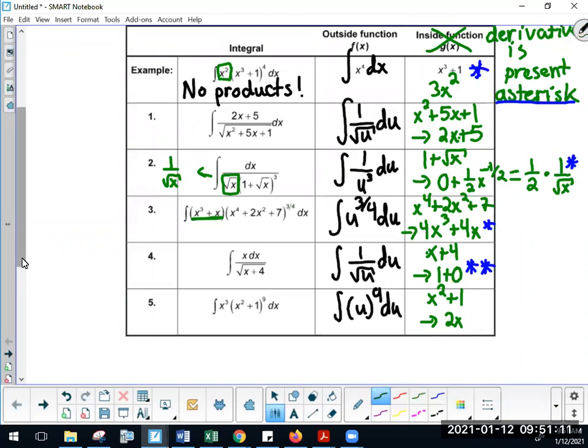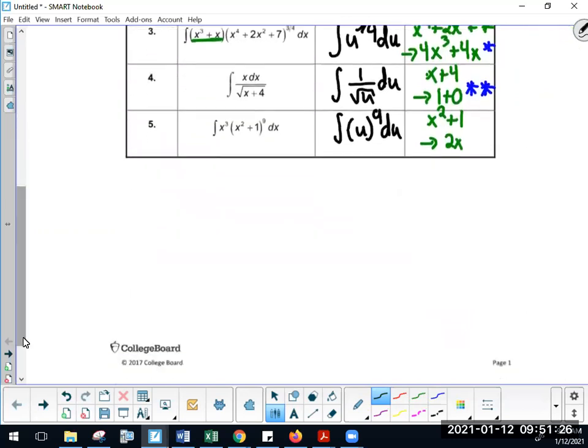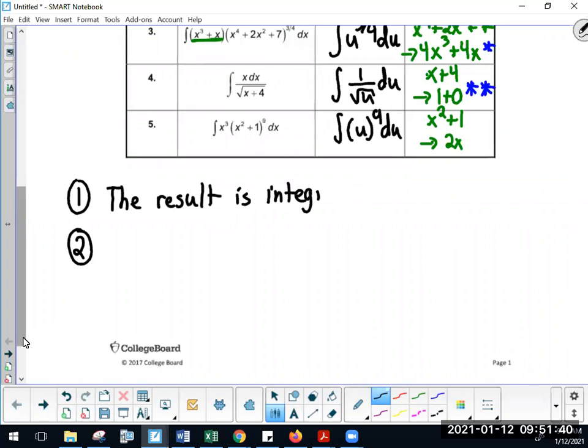Okay. So when you're doing substitution, those are the general things you think about. You try to think several moves in advance. You want to think maybe it's helpful to do it in terms of an outside function and an inside function, but the two big takeaways I want you to have here when we're trying to do this substitution technique. The first one is the result is something I can take an antiderivative of.